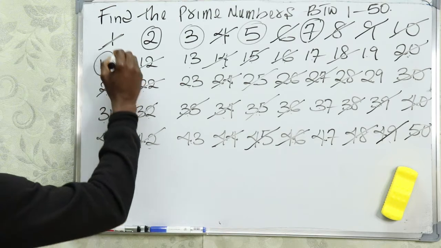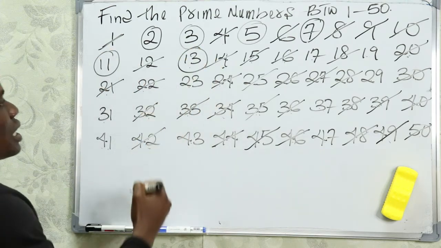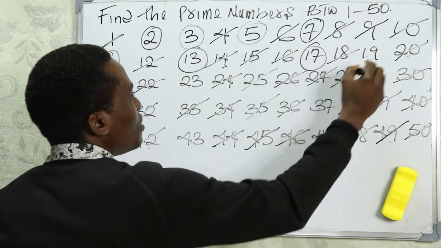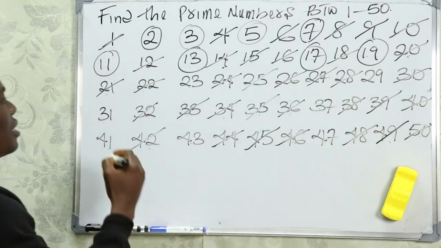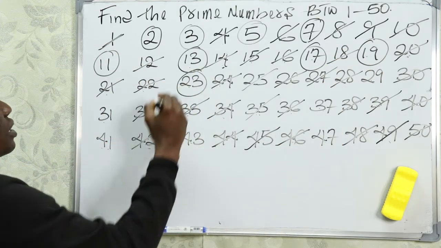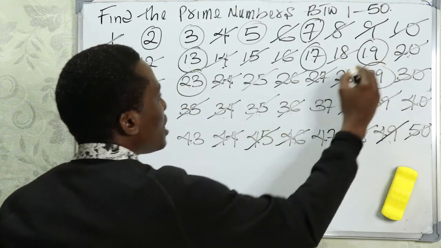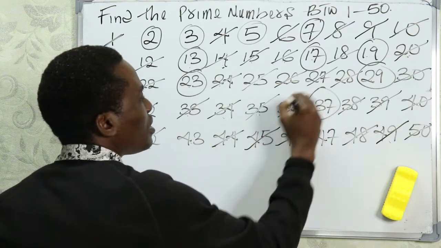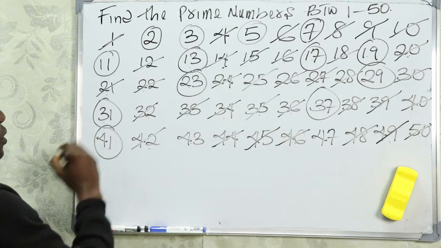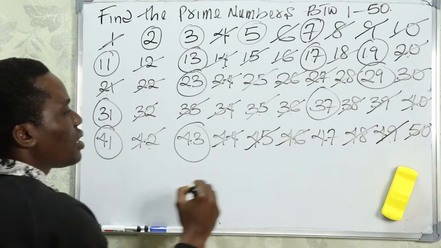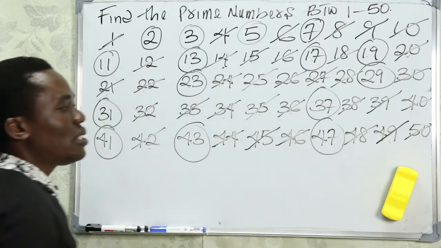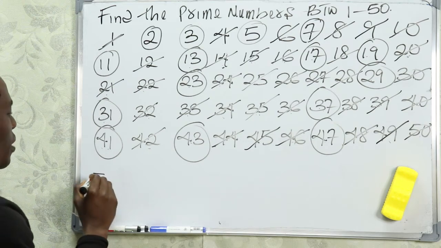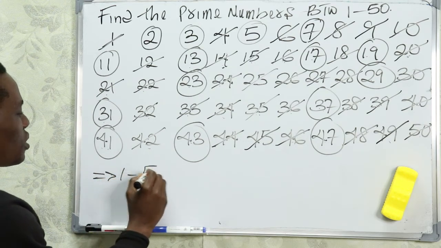What are the numbers? 11, 13, 17, 19, 23, 29, 31, 37, 41, 43, and 47.